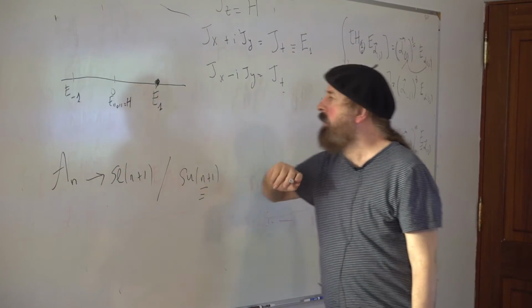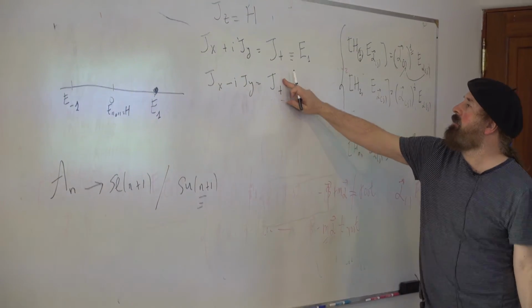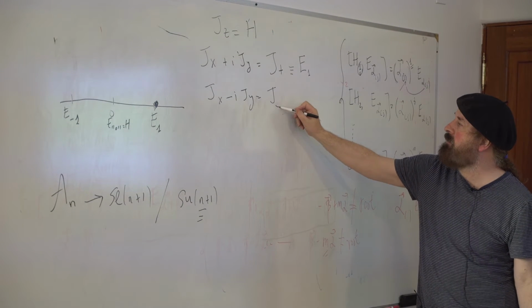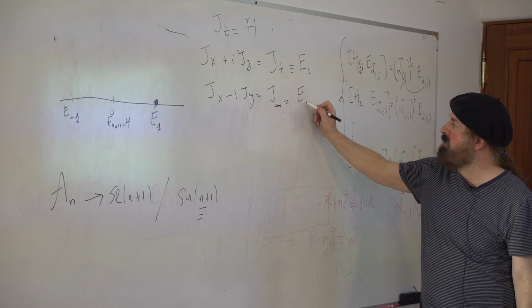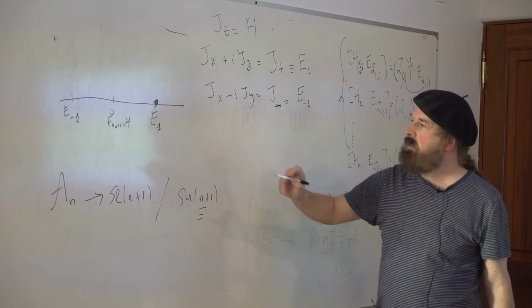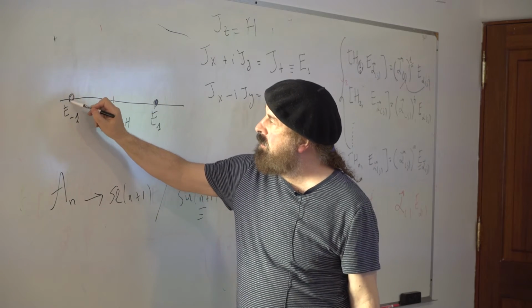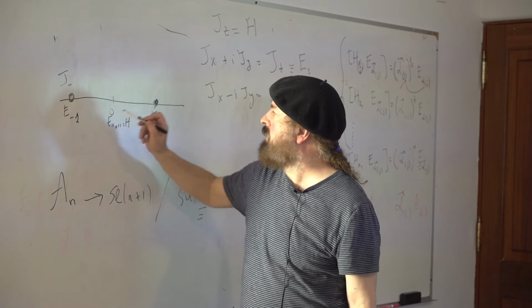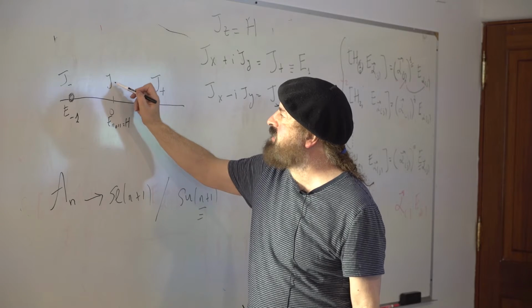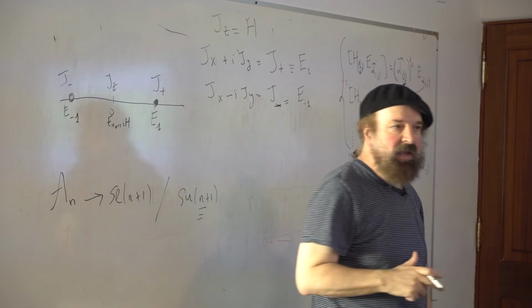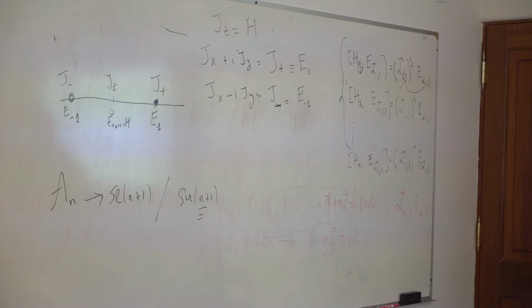My J minus, I'm sorry, this is my J minus, which corresponds to -1, and is this here. This is my J minus, this is my J plus generator, and this is my Jz, my Cartan generator. It might have been useful to actually go over those ladder operators in terms of the algebra.